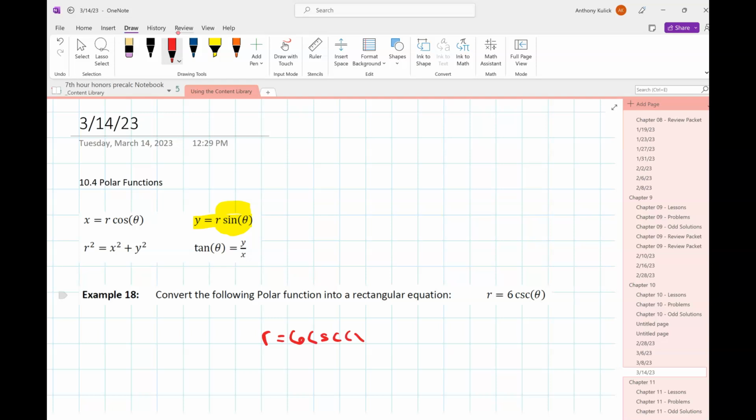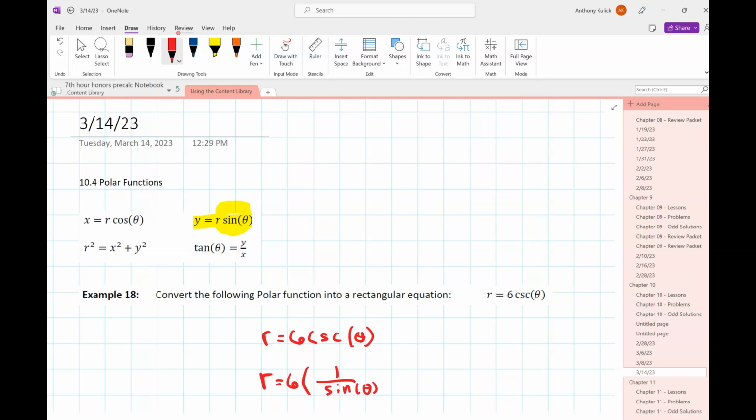Now I see that I have an r, but what I don't have is a sine. However, when I look at cosecant, I remember that, what do I remember about cosecant? It's 1 over sine. Yeah, aha.